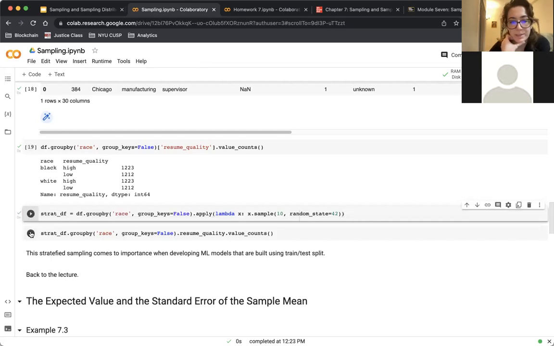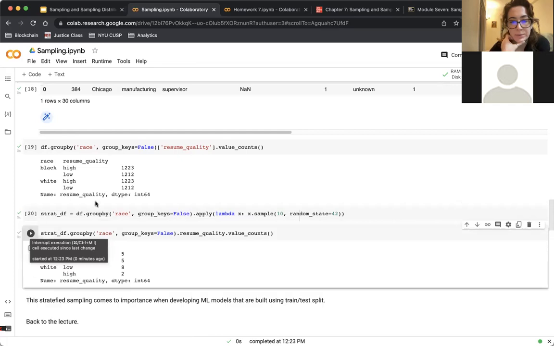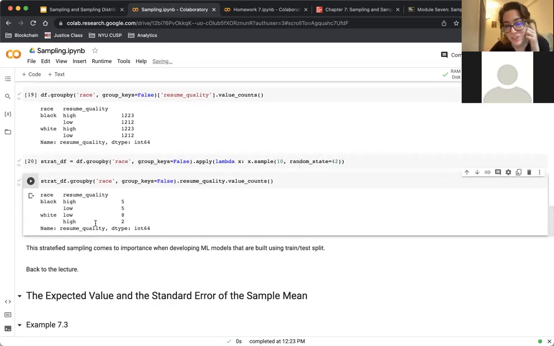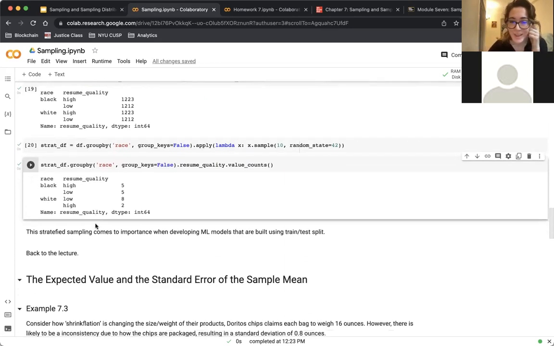So this would be a way to accomplish this stratified random sampling and just a simple random sample as well. And this stratification of sampling comes into importance in other aspects too, but I won't get too much into the weeds on that now.